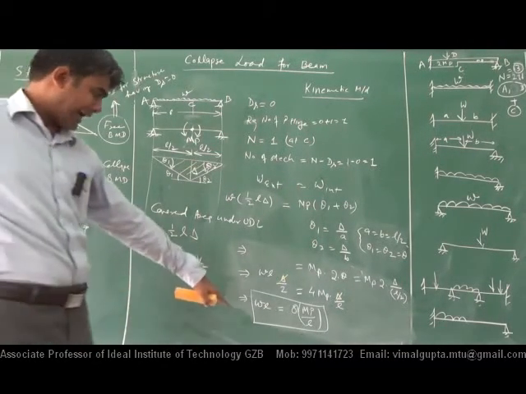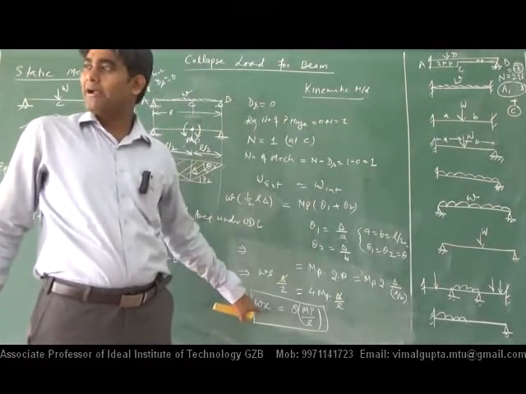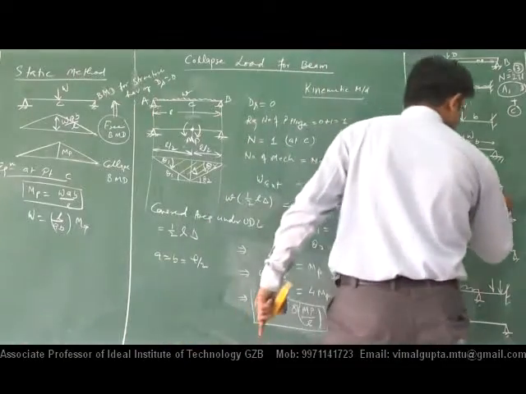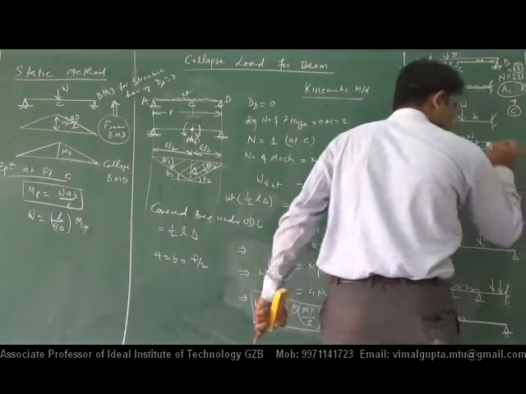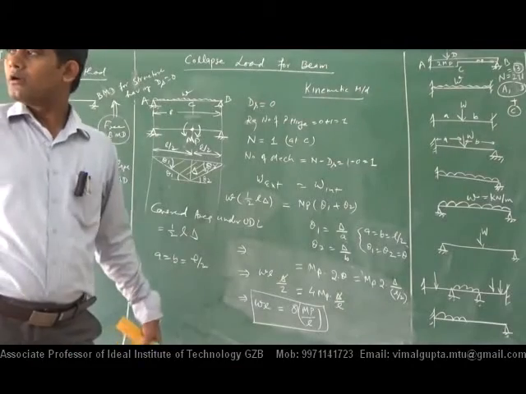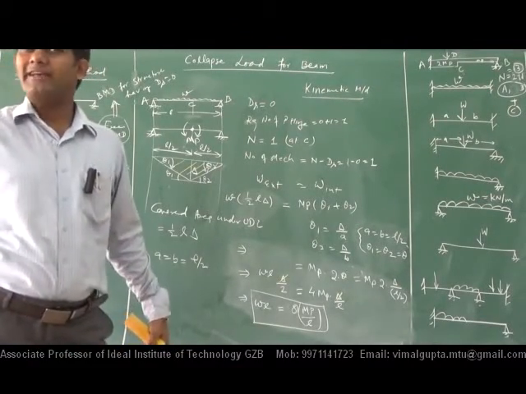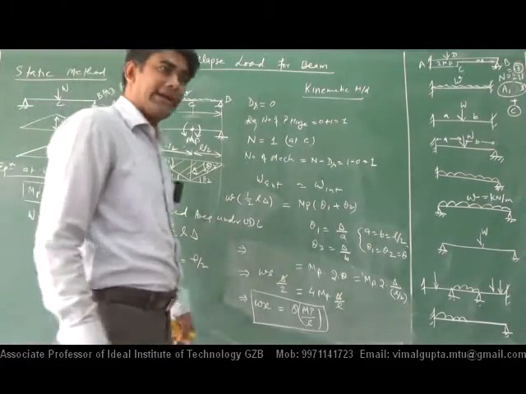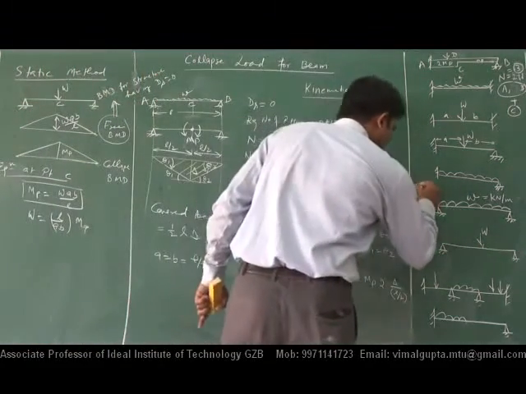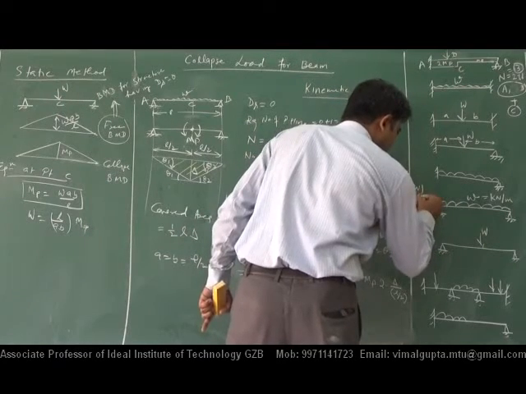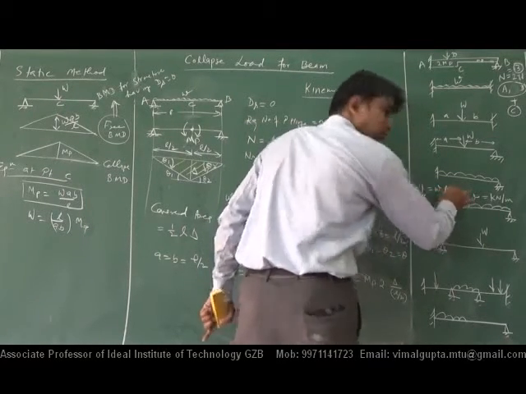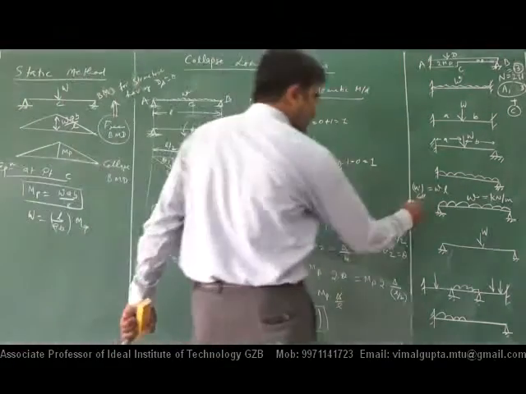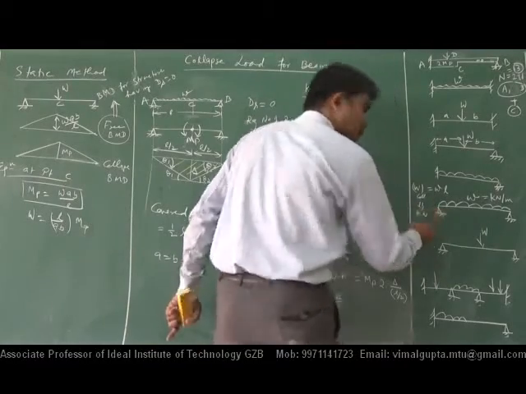Here I have calculated small w into L. What is its meaning? The unit of w is kilonewton per meter. The value of collapse load is represented in kilonewton, so the collapse load will be simply W into L, small w multiplied by L, and its unit will be kilonewton.